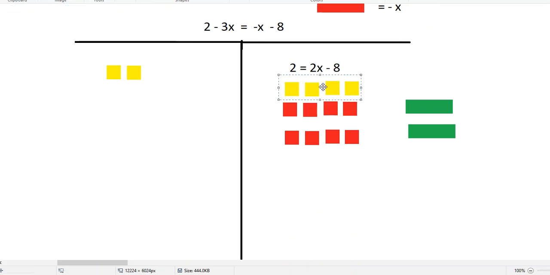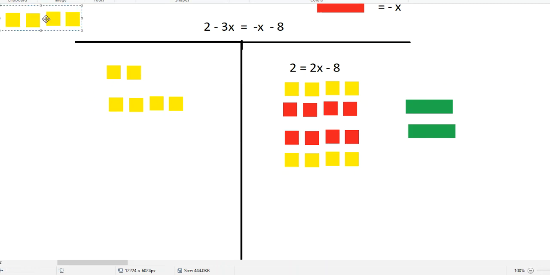I'm going to add it to that side. Add it to that side. So it's very explicit that these units are all pairing up with each other. Now I added 8 of these on this side, so I've got to add 8 over here. 2 groups of 4.